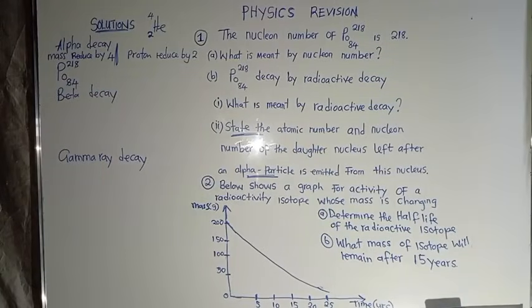I don't know if people are able to see that. Are we able to see what I've written there? Po 84 218. Someone to confirm with me. Is that visible enough or is it too small? Okay, it is visible.